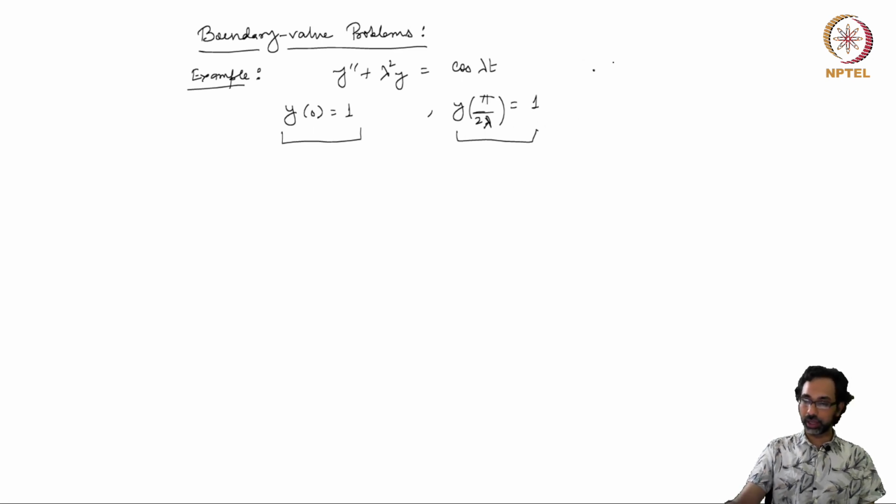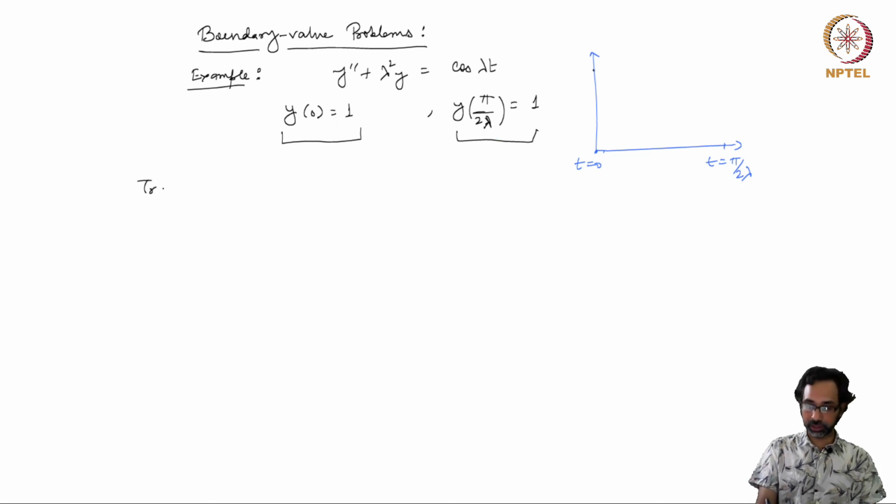So we can think of the solution as limited between t equal to 0 and t equal to pi over 2 lambda, and so these are boundary values for the function y. These values are given so that we can find out the constants that appear when we try to solve the differential equation using Laplace transforms.